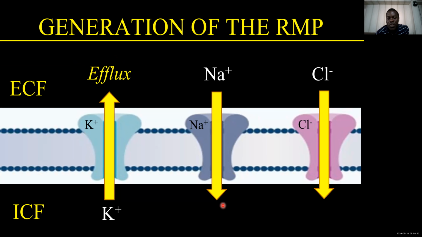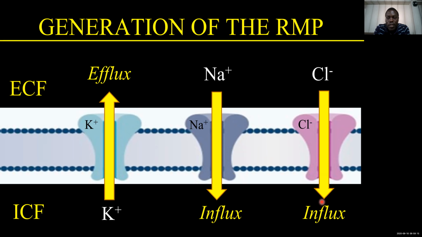The term we use for net movement inwards is influx. So for sodium and chloride, we constantly have influx. For potassium, we constantly have efflux.